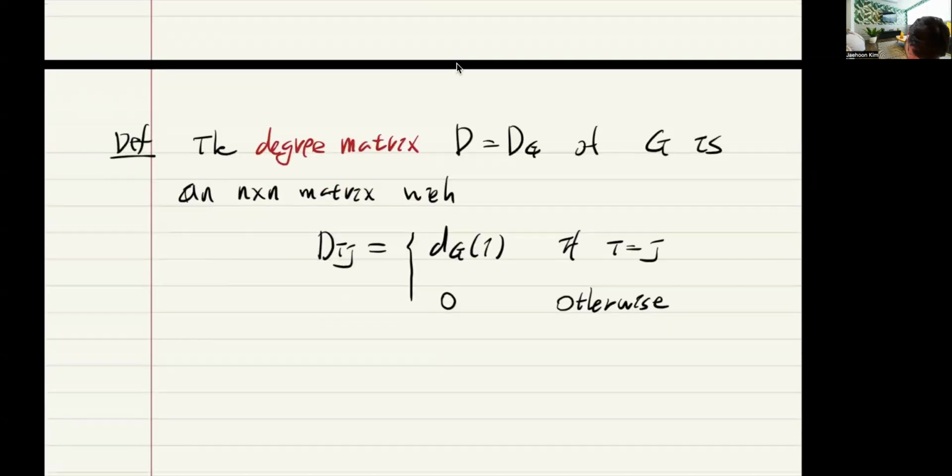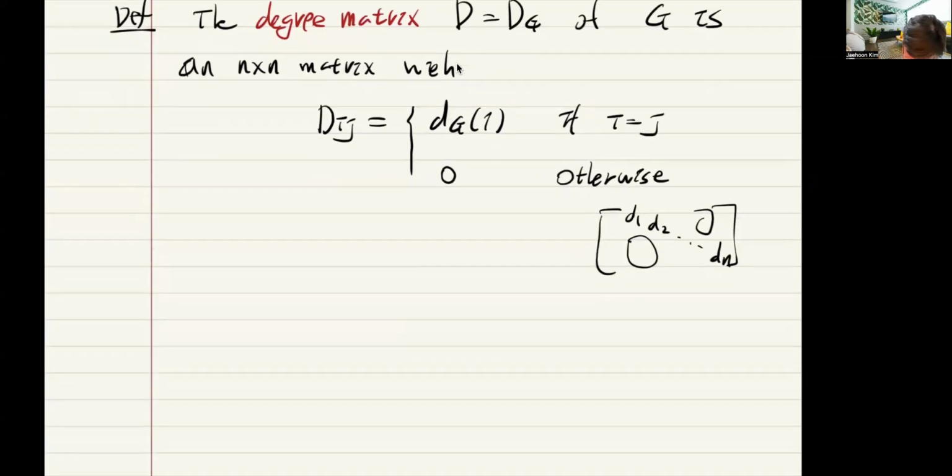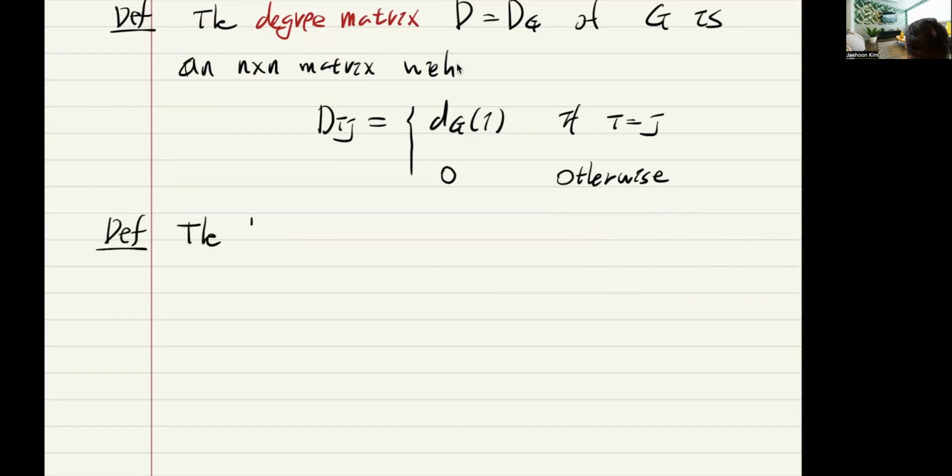So this is simply a diagonal matrix where the i-th diagonal entry is the degree of vertex i. And lastly, we also define what's called the Laplacian matrix.